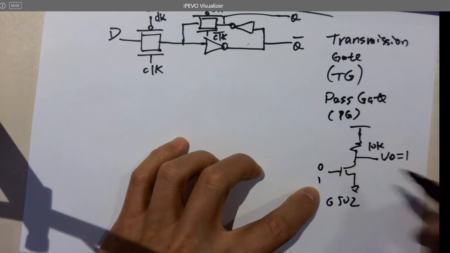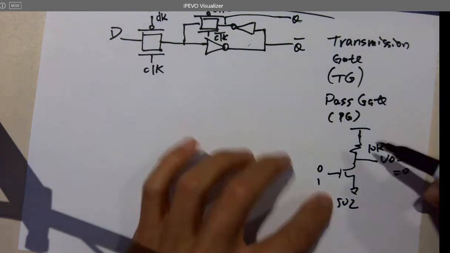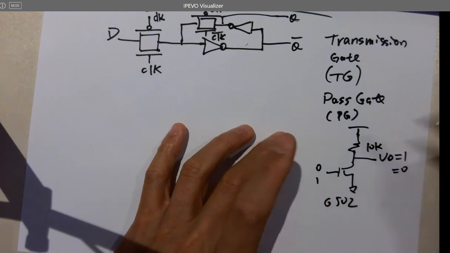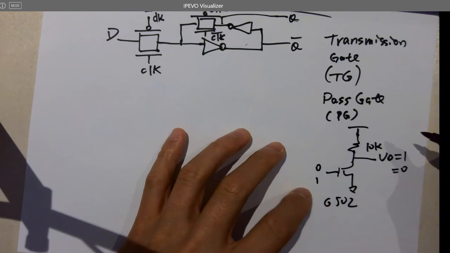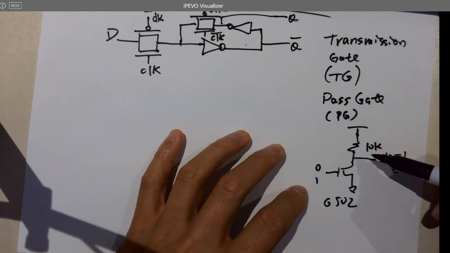If you give a 1 here, what's the output? 0. It's an inverter. It is an NMOS logic, not a CMOS logic. It still works. But you guys know that the resistor takes a lot of space compared to a little PMOS, right? So you prefer a switch, not a resistor on the top. But it can still build logic gates using just NMOS transistors.